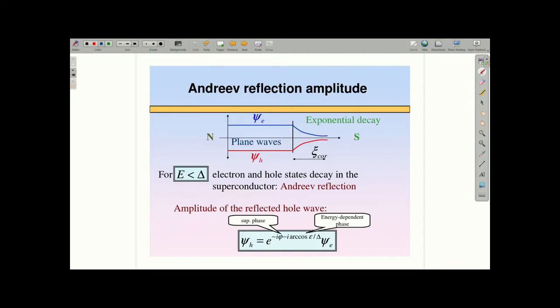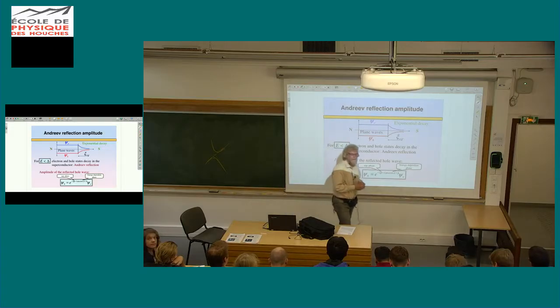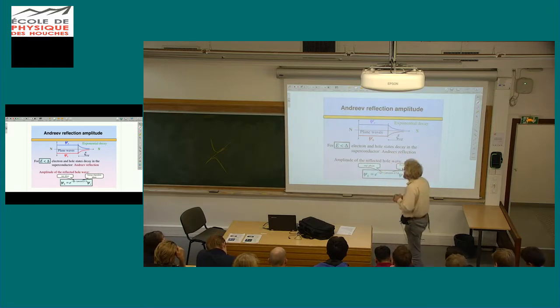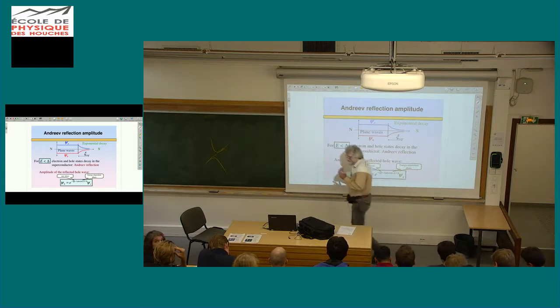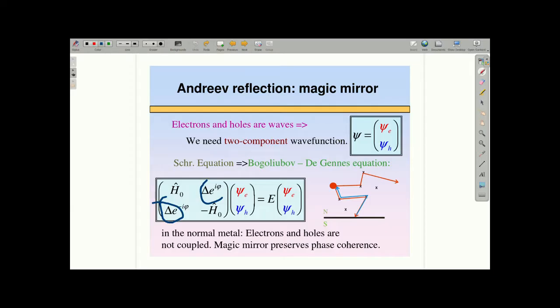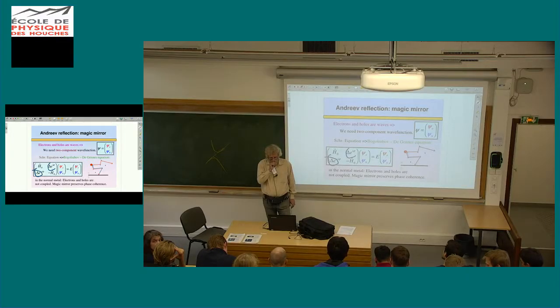Right. Yeah? I have a quick question. Over here. Could you go back to slide 10 or the first one? Concerning the process of time, is it reasonable to think about the hole only being excited as soon as the electron hits the interface?